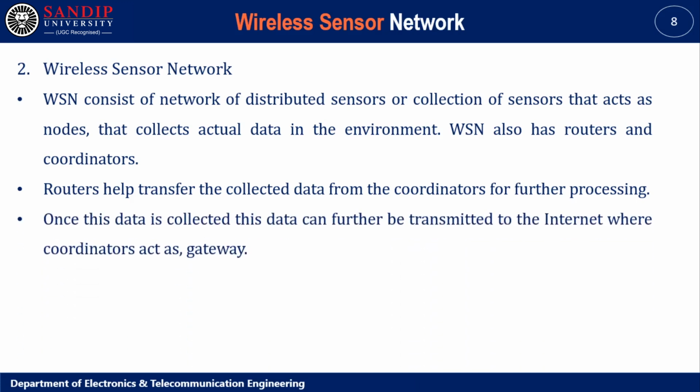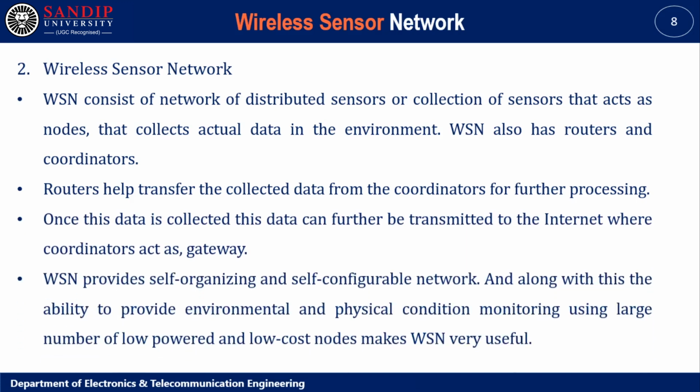Once this data is collected, it can further be transmitted to the internet, where coordinators act as a gateway. WSN provides a self-organizing and self-configurable network, and along with this, the ability to provide environmental and physical condition monitoring using a large number of low-powered and low-cost nodes makes WSN very useful.